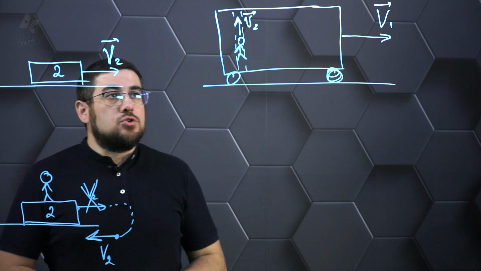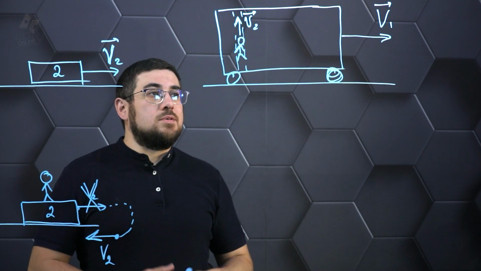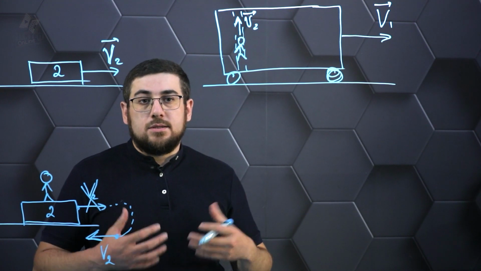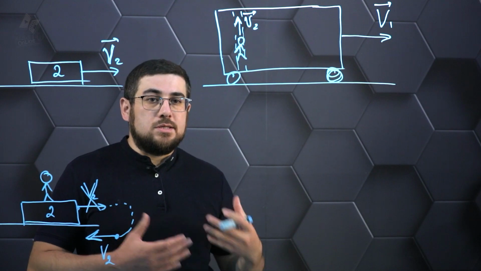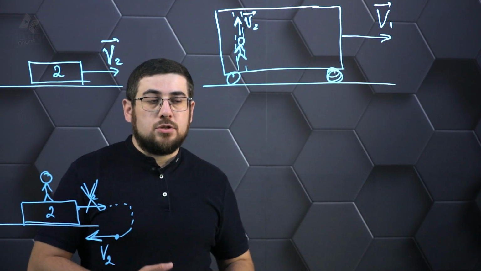That is, he has his own velocity within the given reference system. And the question arises, what in the end is the velocity with which the given person moves relative to the ground? That is, to find his absolute velocity relative to the stationary reference system, which we take as the ground.